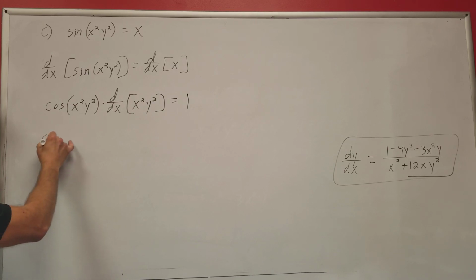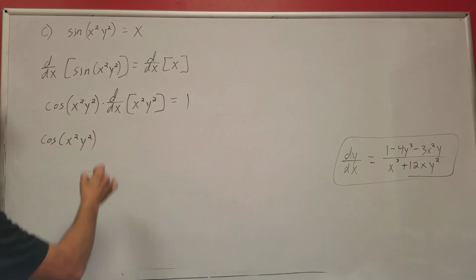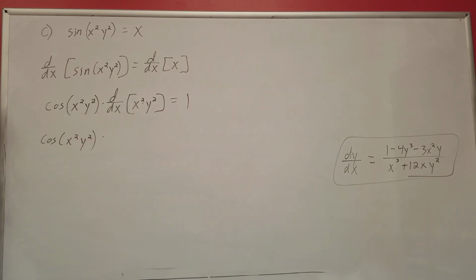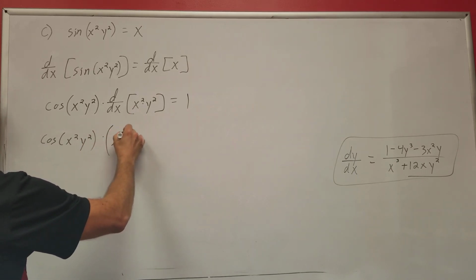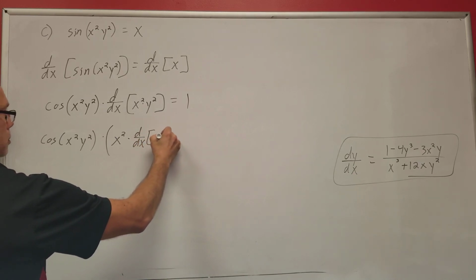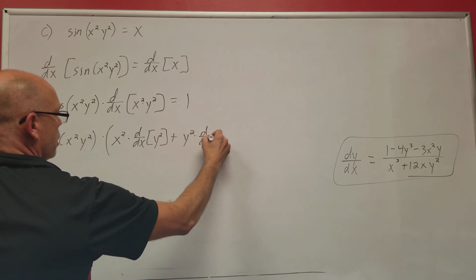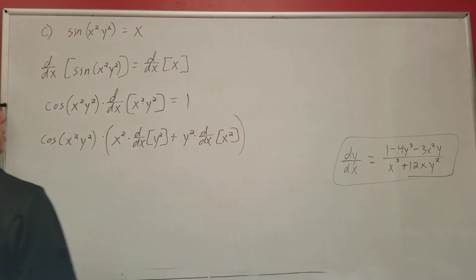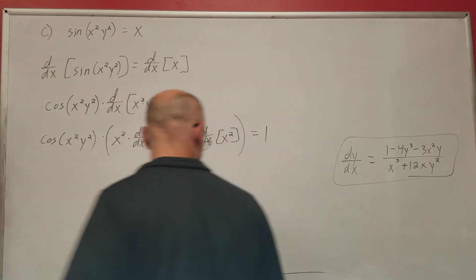All right, so cosine of x squared y squared comes down, right? Times. What about taking a derivative of this? That's a product, so I'm going to have to use the product rule. So to use the product rule, say first times the derivative of the second plus the second times the derivative of the first, close off my parentheses, is all equal to 1.